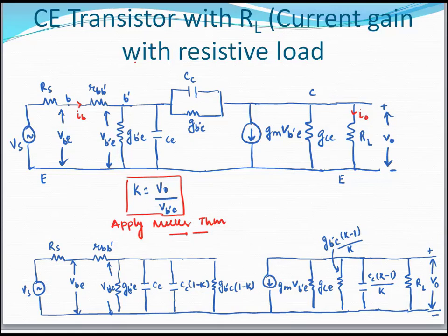And we can see here that the value of k is very high, so we will simplify it here. The k is very high as compared to 1, so 1 may be neglected here, so we will get this resistance equivalent to G B dash C only.